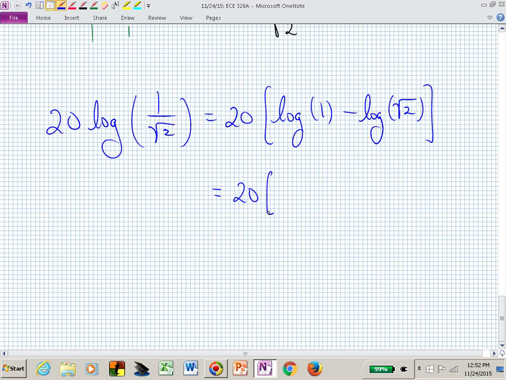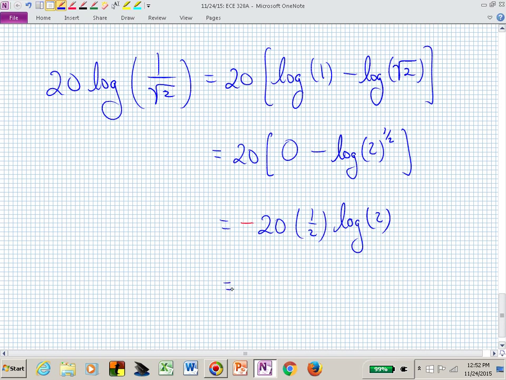What's the log of 1? That's 0. Minus the log of 2 to the 1/2. And now if I pull that negative sign out in front and pull the 1/2 out in front, which is the exponent on that argument of the log, this is now why it's nice to know all of those logarithms just in your head.